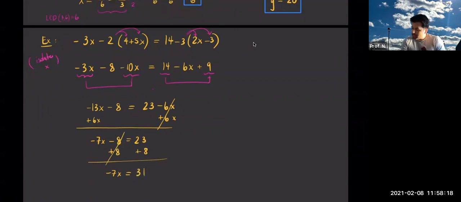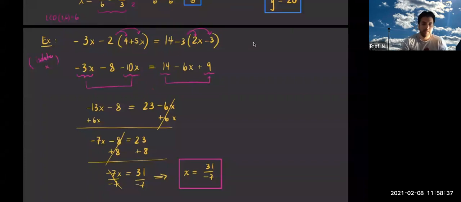And then I must divide by a negative 7 on both sides. And I got that the x value is 31 over negative 7. Okay? Does that make sense?